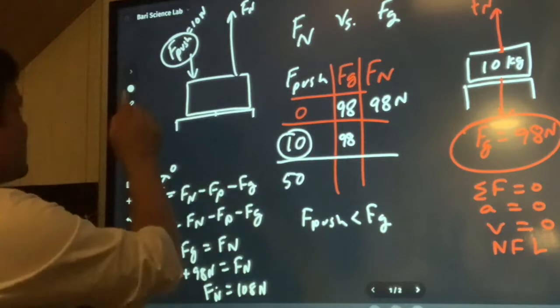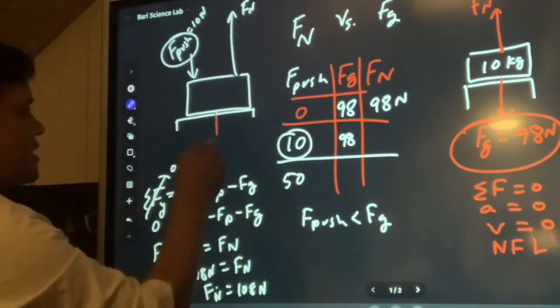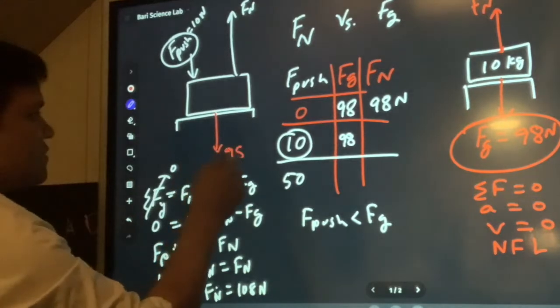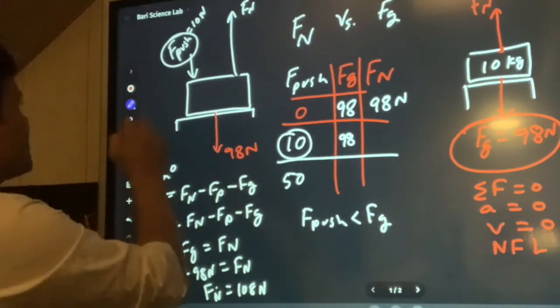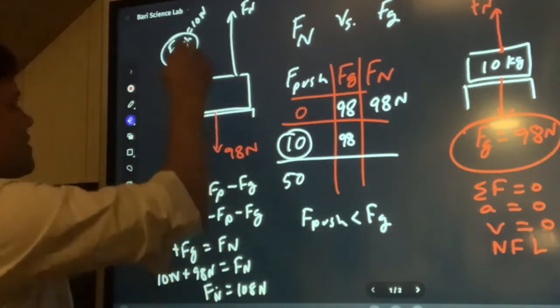98, we're going to write 98 with this, so this is 98 Newton. What is the smallest? This one is the smallest, so we're going to also make it red.